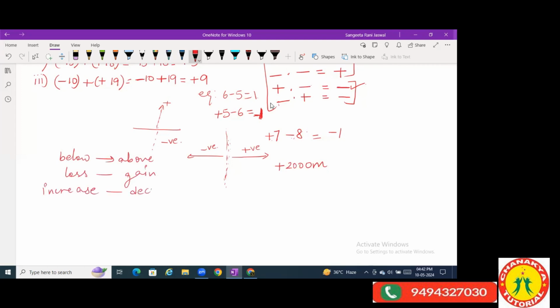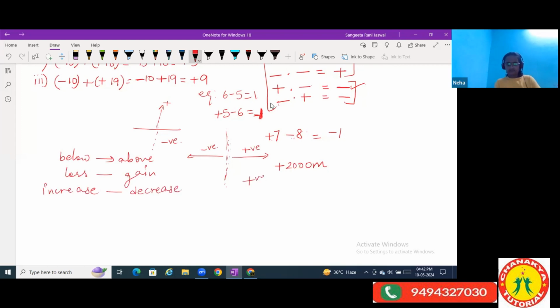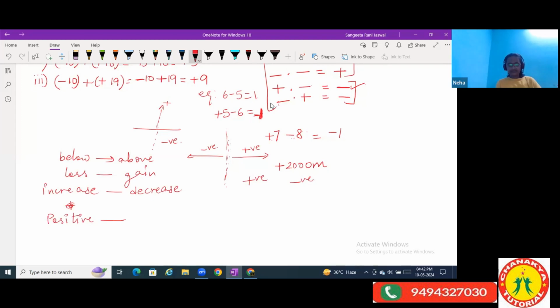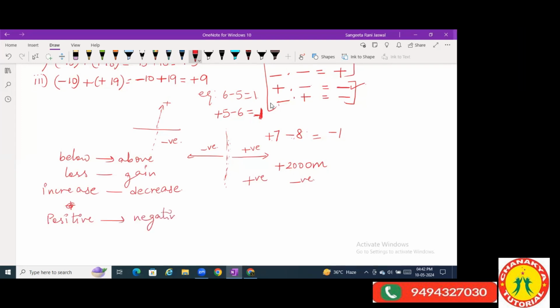These are some numbers which have opposite signs, same like we have positive and negative. So we just write here, positive and negative are also opposites of each other.